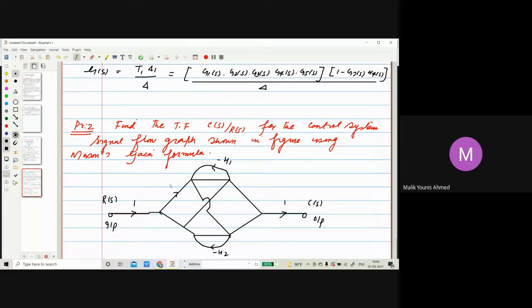This is G2. This is G3. This is G4. Okay, this is G5. Okay, this is G1. This is G6. This is G7.